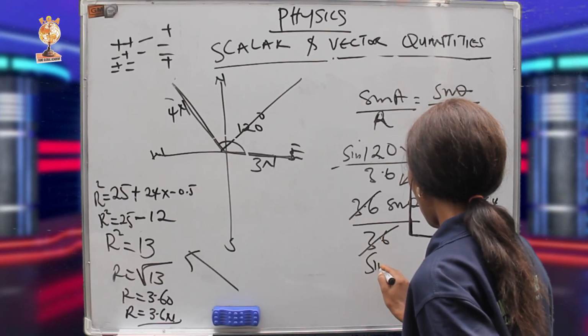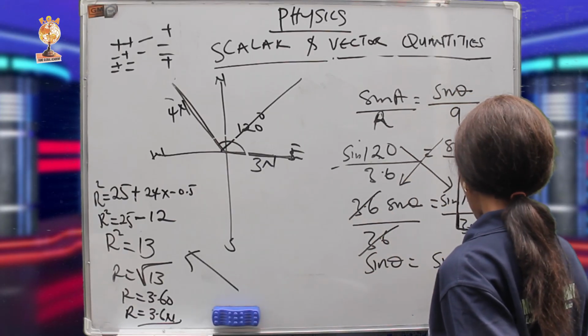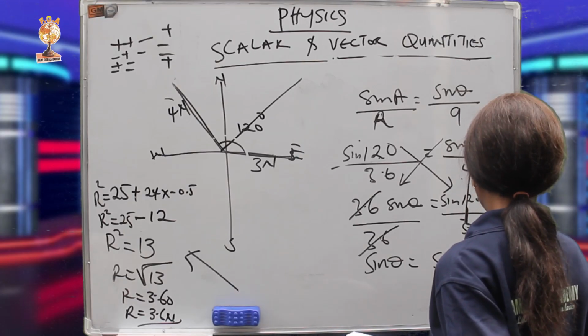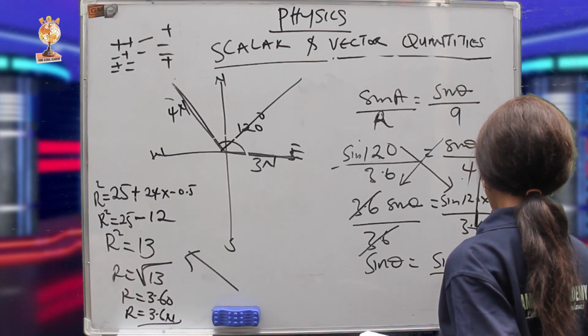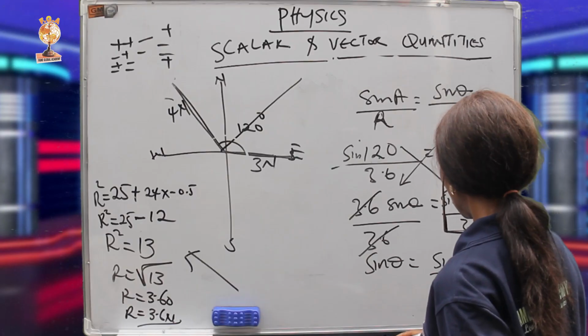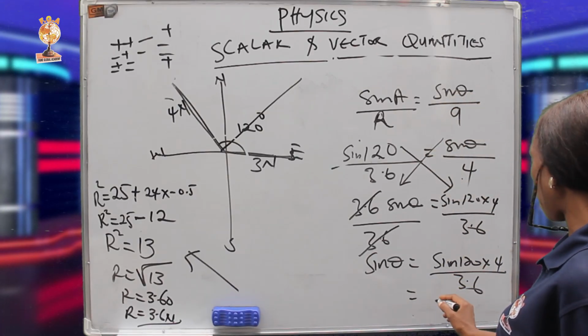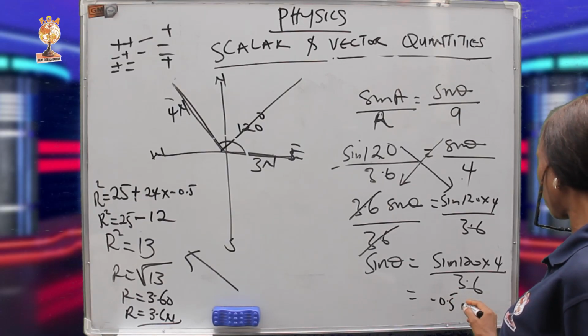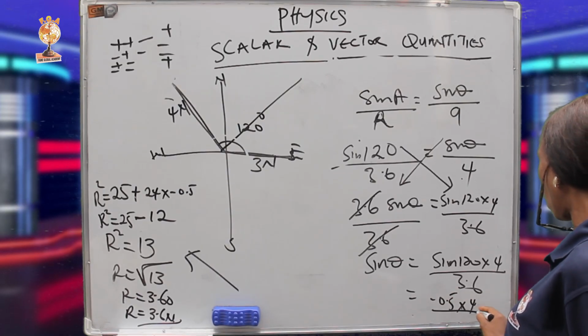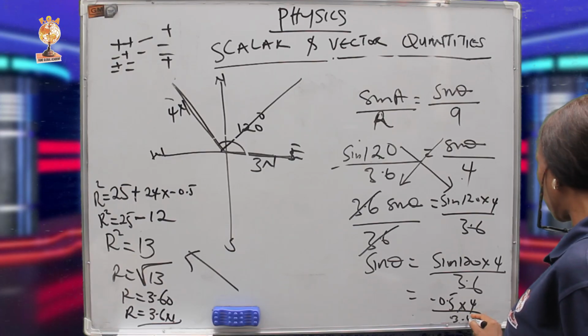I have sine theta equals sine 120 times 4 all over 3.6. And then remember, sine 120 is minus 0.5, times 4 all over 3.6.